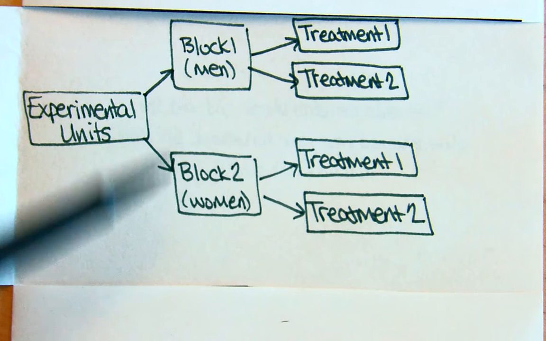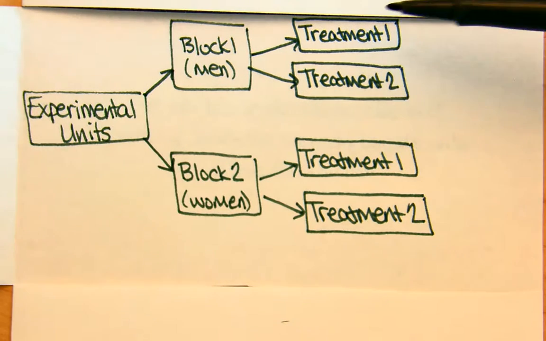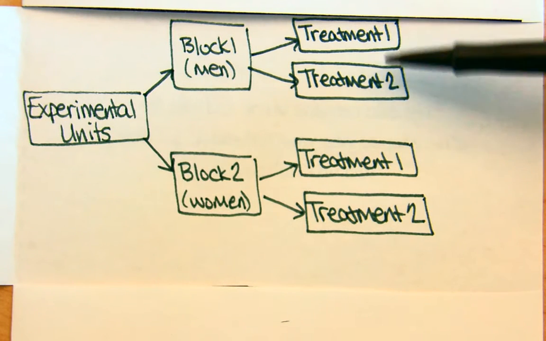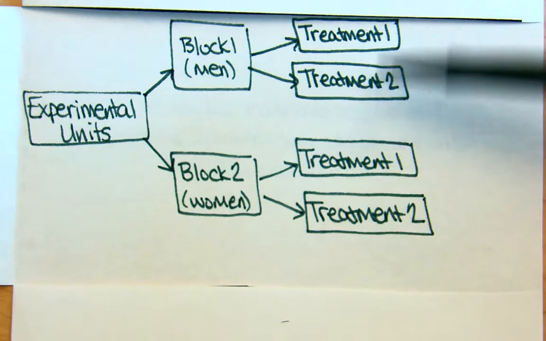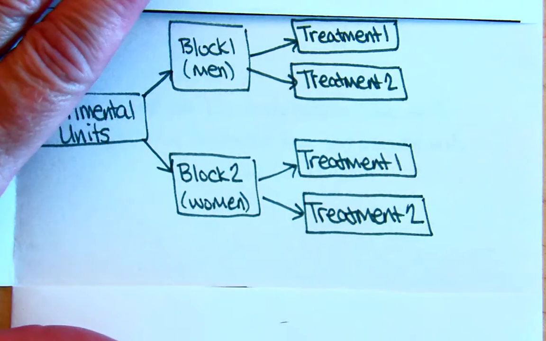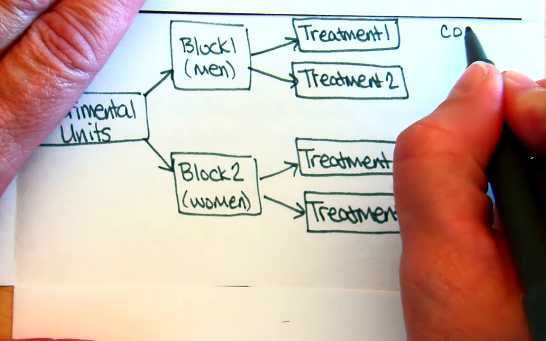Each block receives each treatment. So I don't want to compare how these two compare with the women. I don't want to compare men and women to each other. So when I go to compare the response variable, I'm going to compare men to men and women to women.